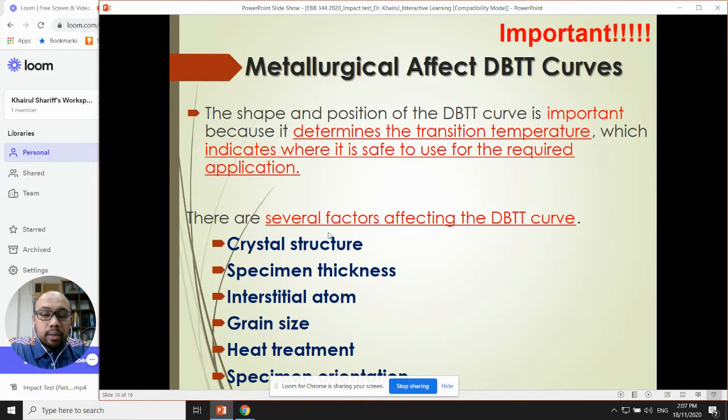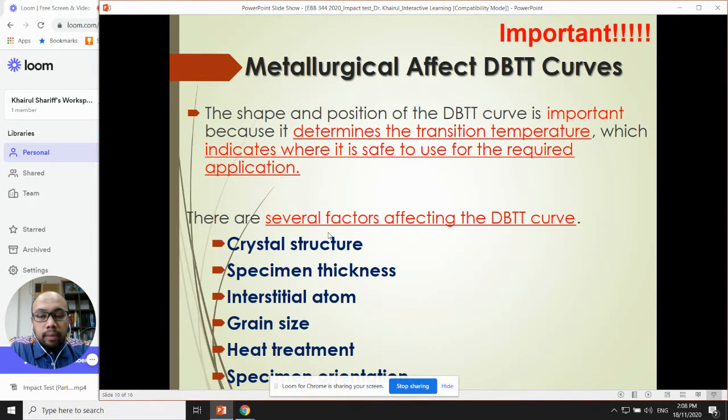Number three is the interstitial atoms. In metal, interstitial atoms are very famous, because from this kind of mechanism the alloy is produced. An alloy is a combination of more than one metal element, for example magnesium and aluminium, or magnesium, aluminium and copper and others.